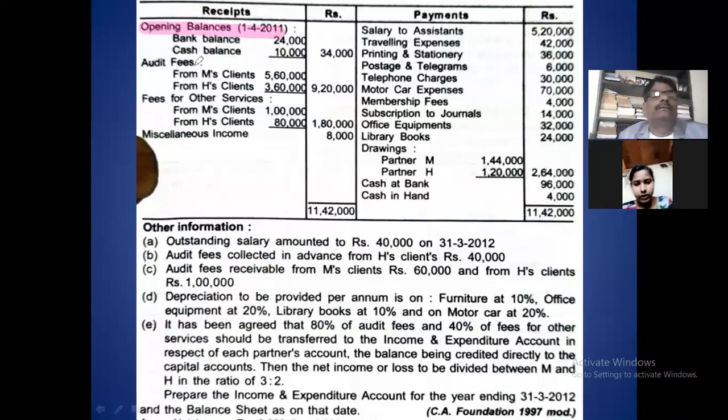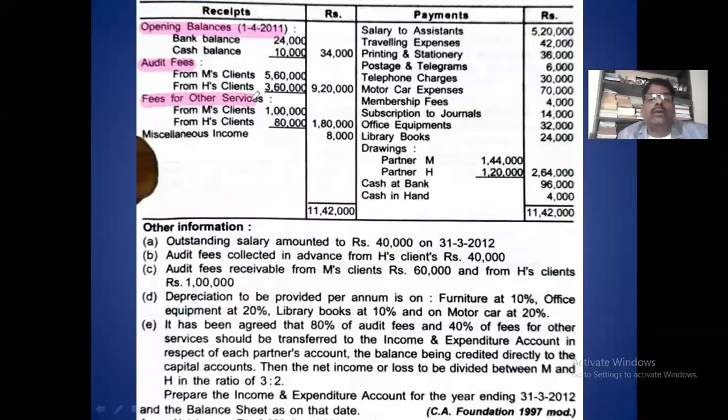Next, you see there, audit fee. You take audit fee on the income and expenditure account credit side. And second is other fee. This is also income. This also comes on the income and expenditure account credit side.